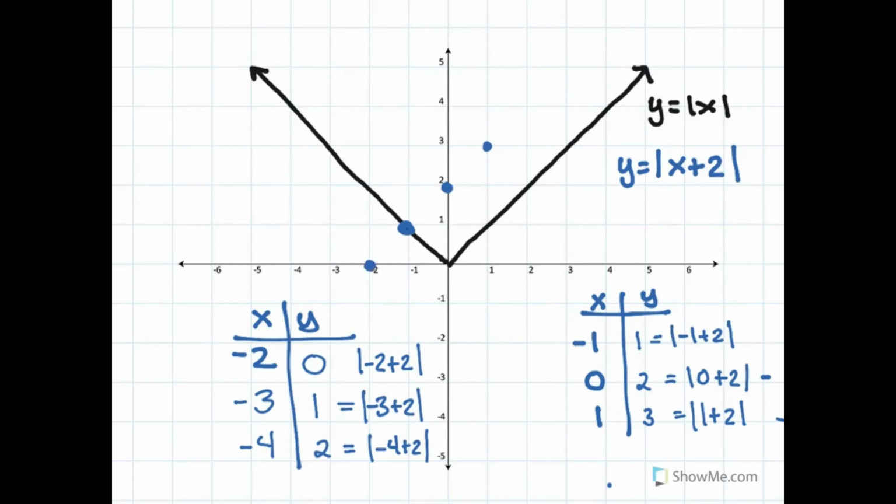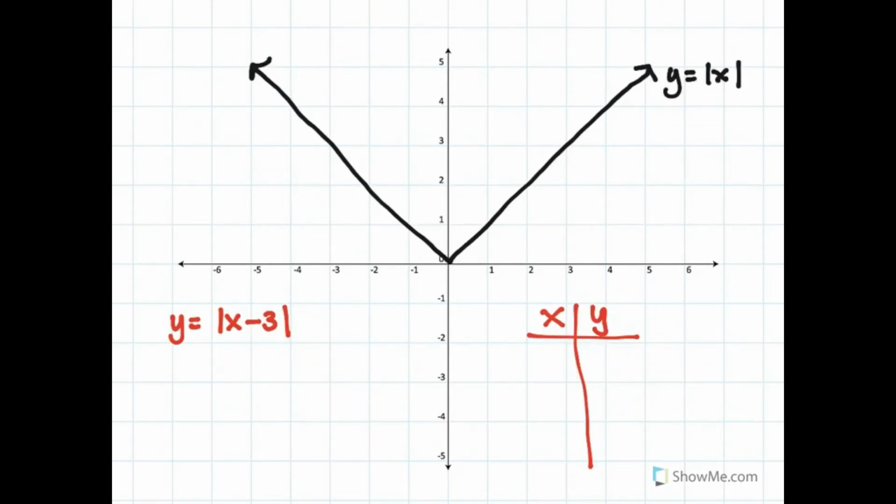I can plot those points, negative 2, 0, negative 3, 1, and negative 4, 2, and now I'm seeing a V shape. It looks like the vertex is at negative 2, 0, and the V goes up, so it looks like my positive 2 has shifted the vertex of the graph to negative 2. That's interesting. Let's try another example.